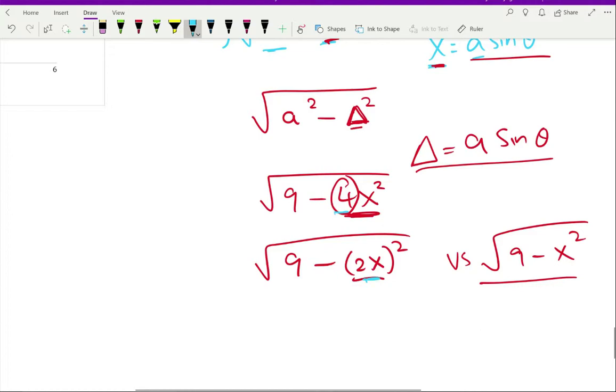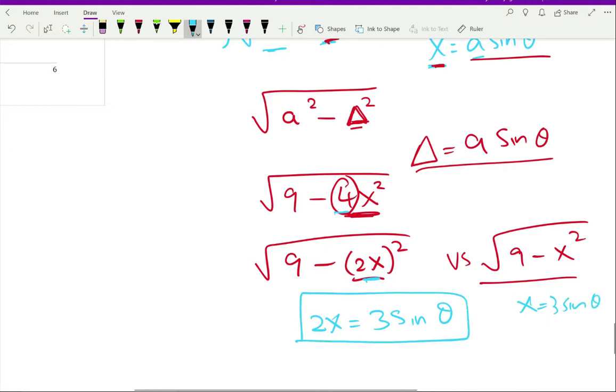So what is your new substitute then? 2x is going to be 3 sine theta, not x is equal to 3 sine theta. Here x is equal to 3 sine theta, but here now 2x is equal to 3 sine theta. Again, whenever we have a square, we choose a as the square root of a square.